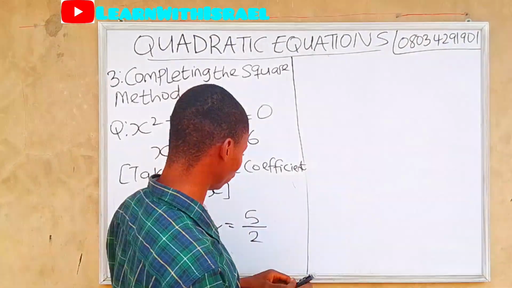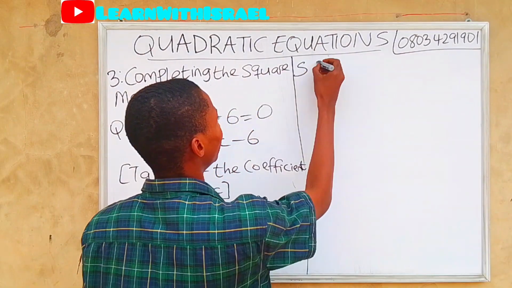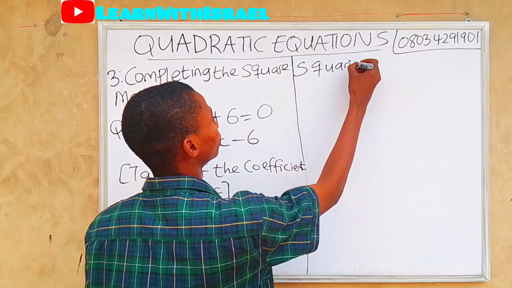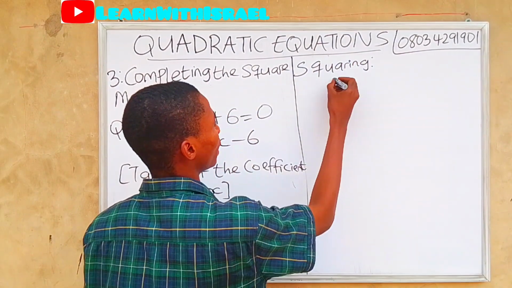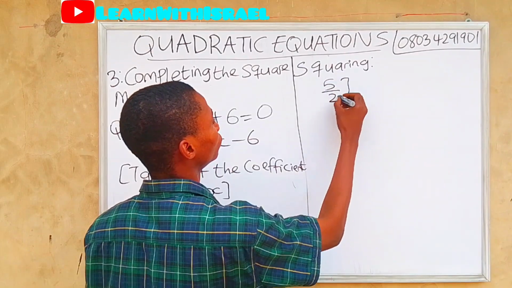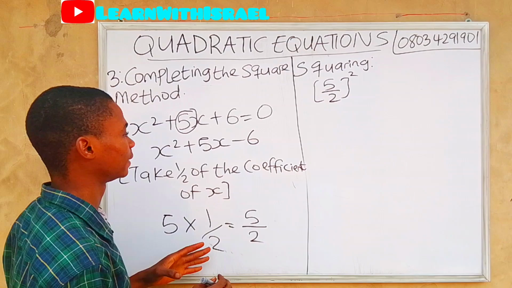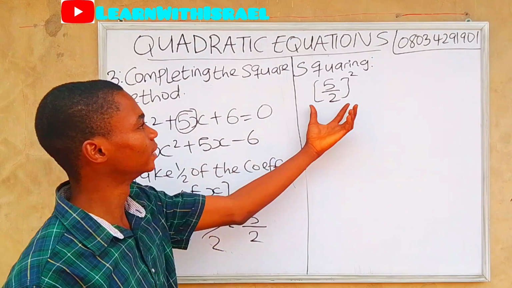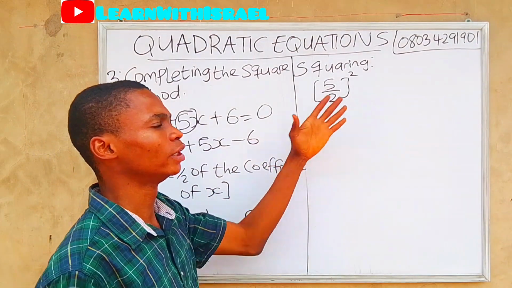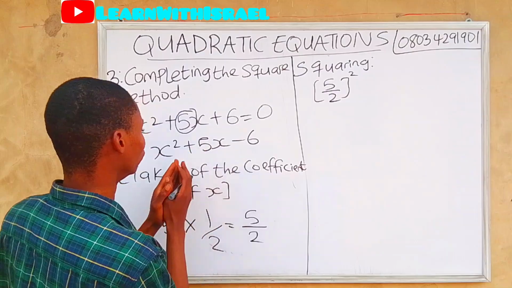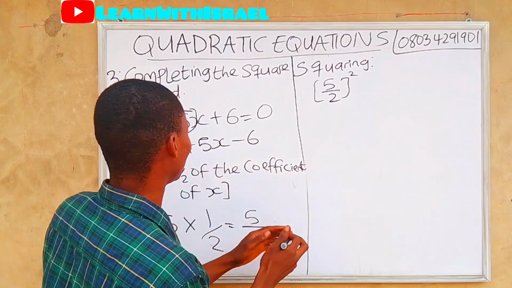So the next thing to do is to square. By squaring, we have 5 all over 2 squared. After that, we are going to add this squared value to both sides, to the left hand side and the right hand side.